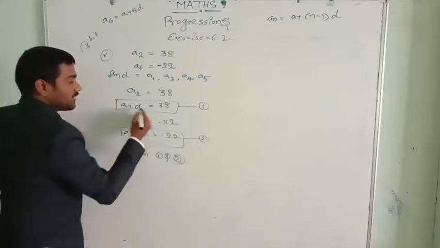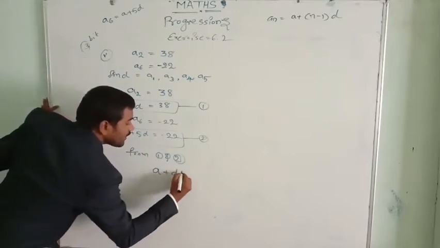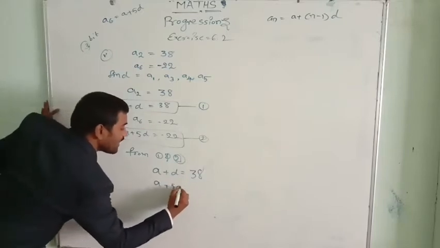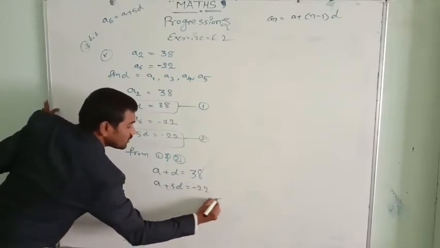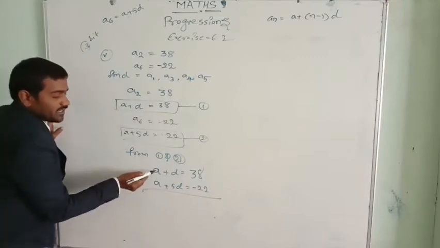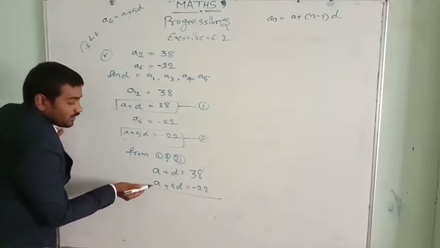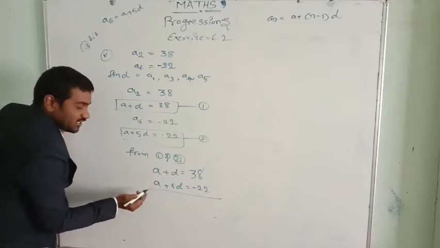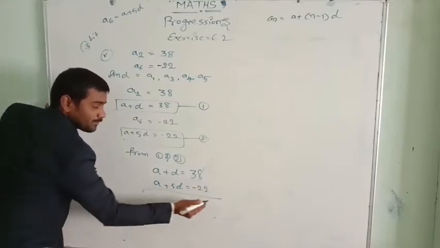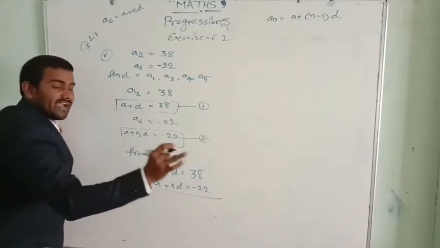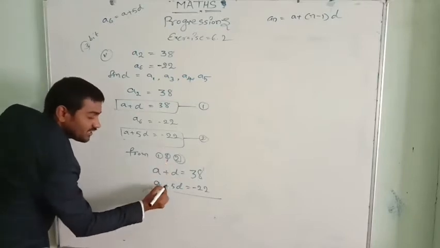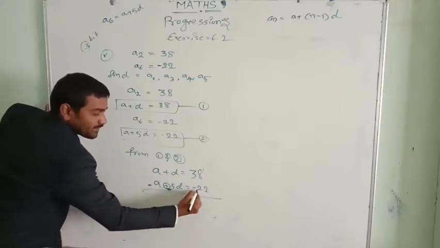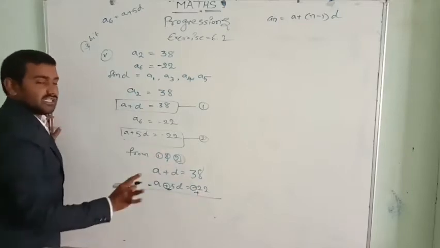Let us solve it. A plus D equals 38 and A plus 5D equals minus 22. We cannot cancel these as they are: here 1A and here also 1A, both plus. So let us multiply the second equation by minus, changing the signs. Plus becomes minus, plus becomes minus, minus becomes plus.